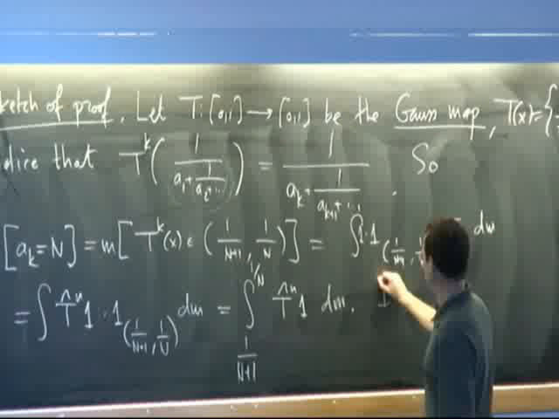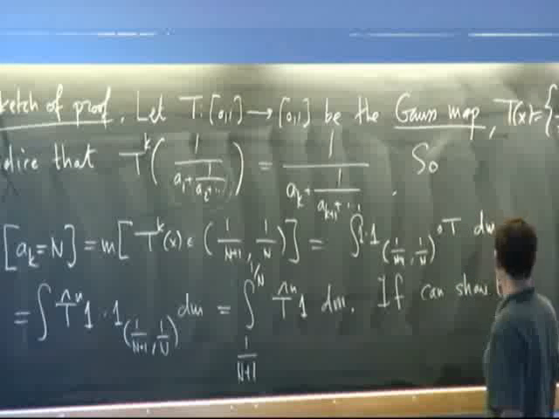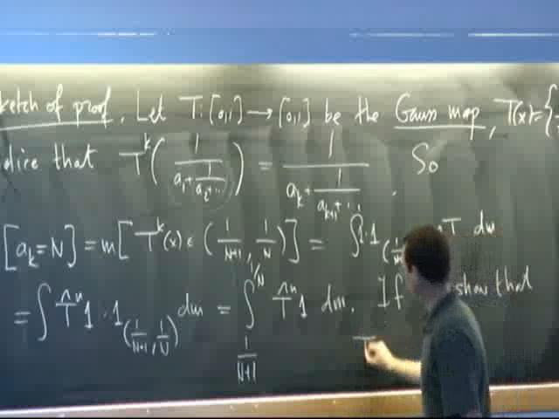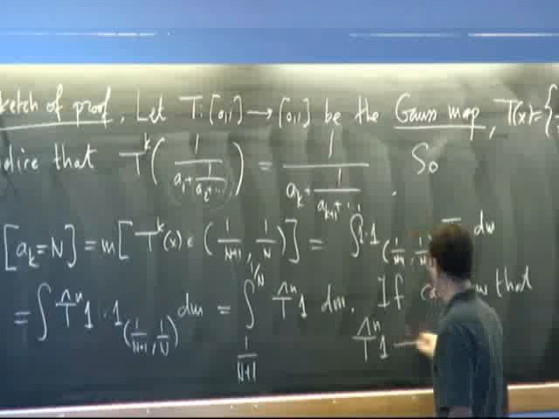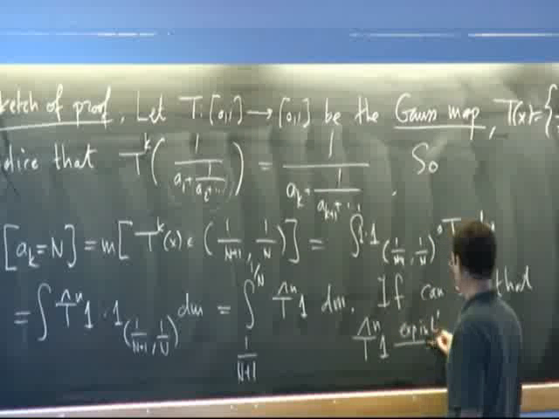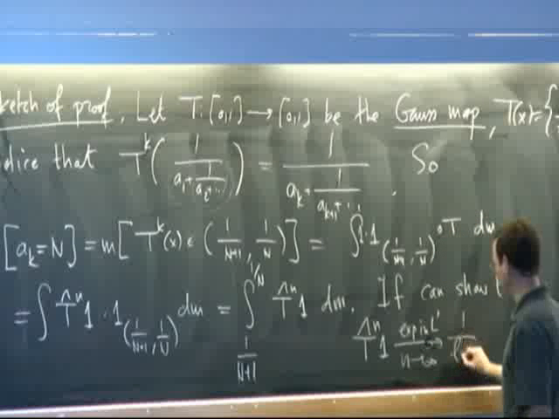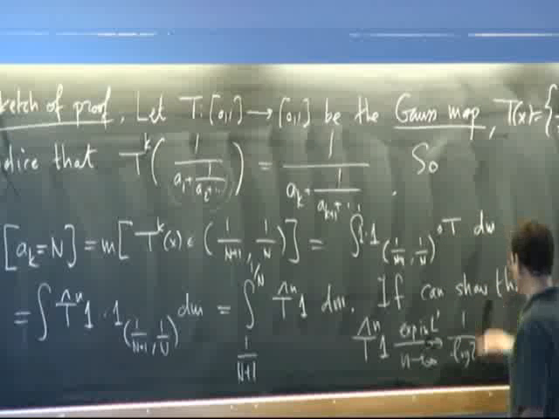If we can show that T hat^n 1 converges exponentially fast in L1 to the absolutely continuous invariant density, then we are done.